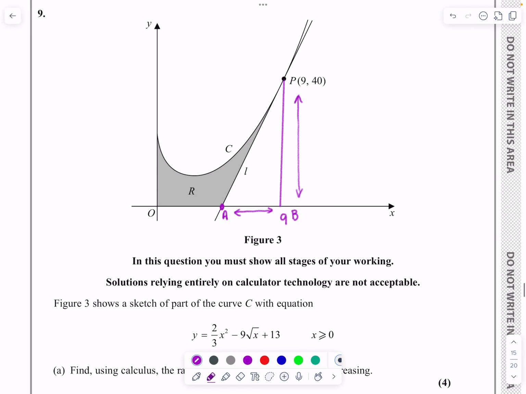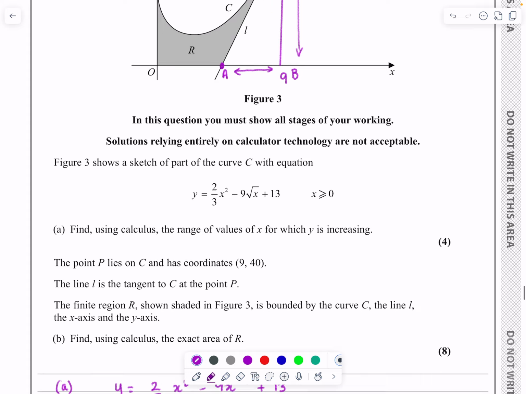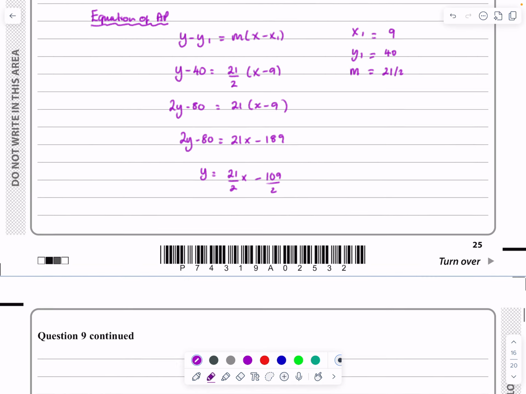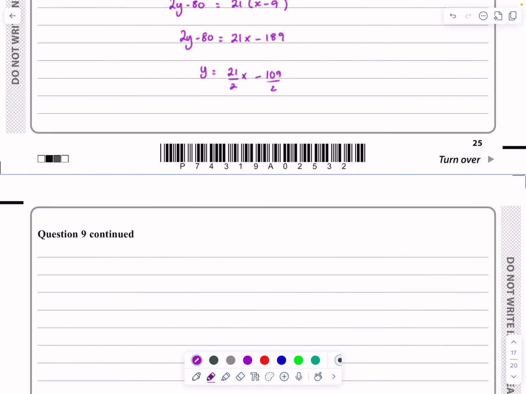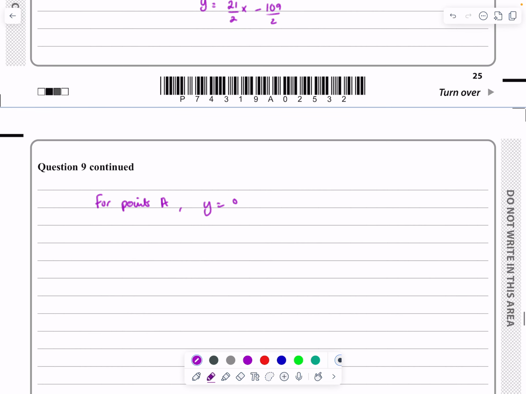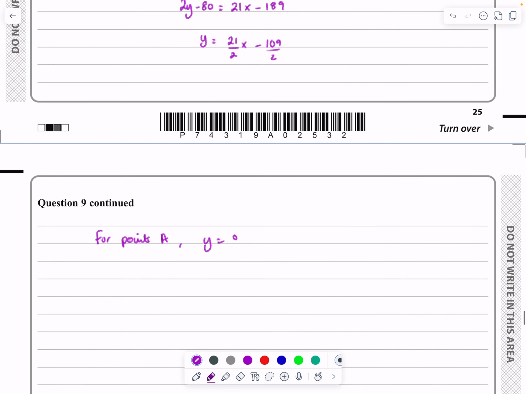And then what I want is to find point A, remember, and point A is where this line has y equal to 0. So keep going here. For point A, y is going to be equal to 0. So 0 is 21 over 2 x minus 109 over 2.